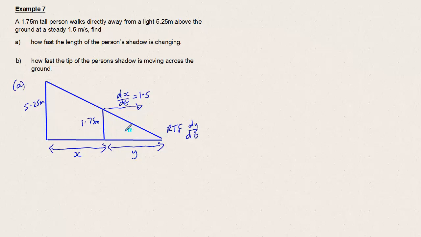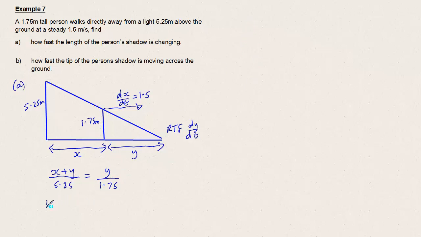This triangle here is similar to the whole triangle. So this distance here, which is x plus y, divided by 5.25, must be equal to just y over 1.75.